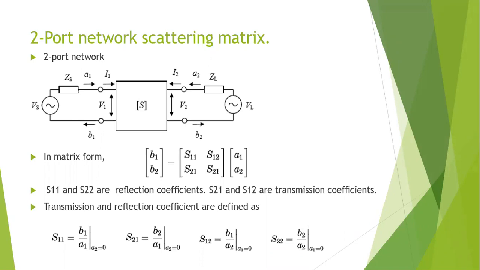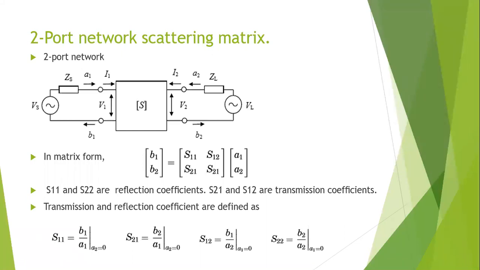Due to these excitations on both sides, voltage V1 and voltage V2 are applied on both sides of the network, and this leads to the flow of currents I1 and I2 towards the network. So the scattering matrix is given as below. B1 and B2 are the reflected waves. A1 and A2 are the incident waves. So S11, S12, S21, S22 are the scattering parameters.